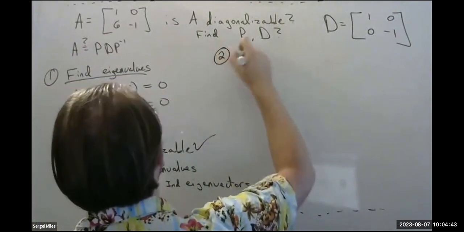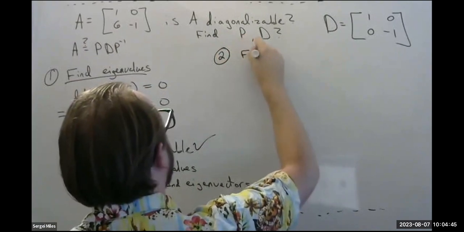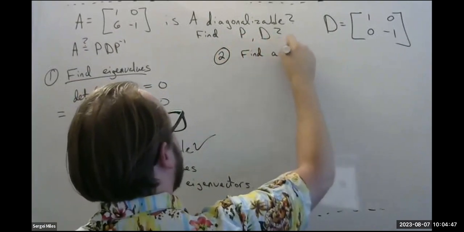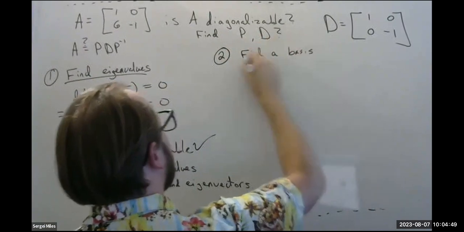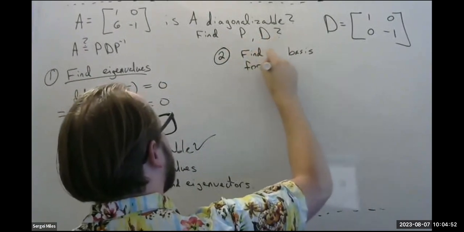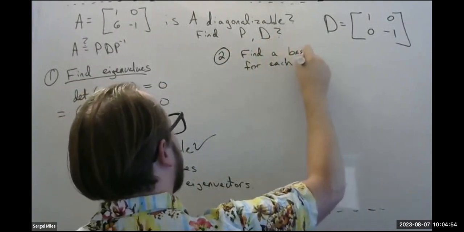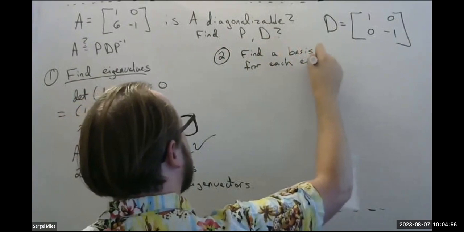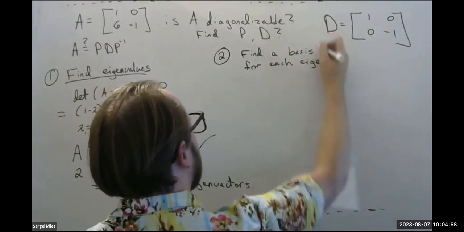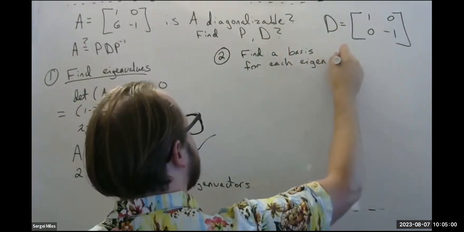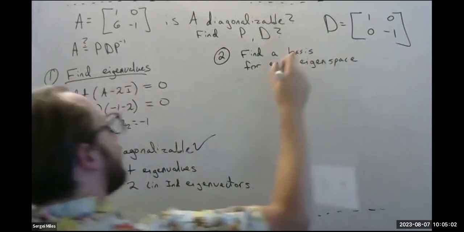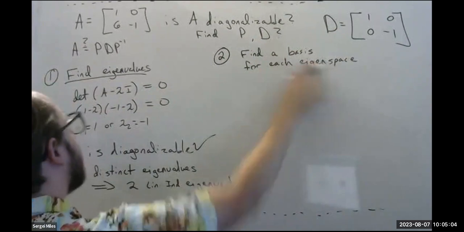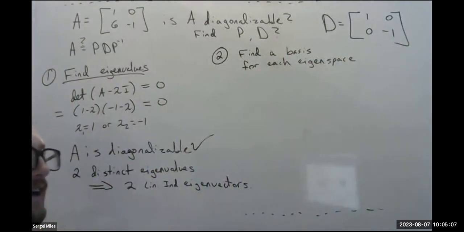So step 2 now is to find a basis for each eigenspace. Remember, the eigenspace was a span of eigenvectors that correspond with each eigenvalue.